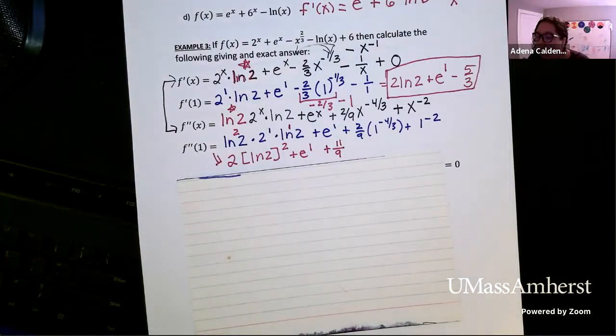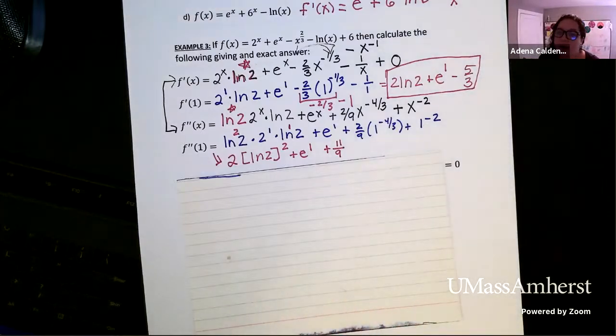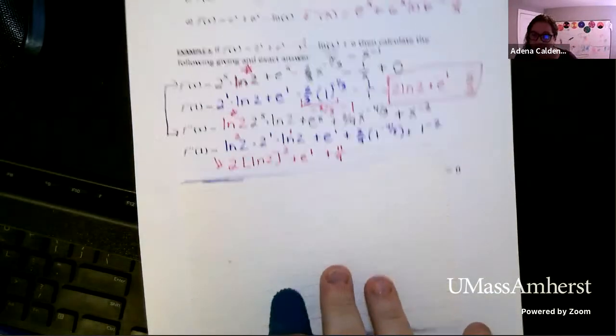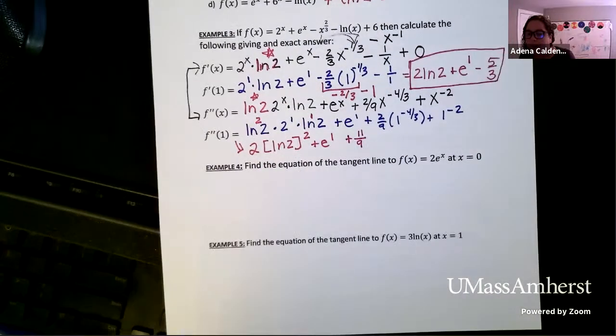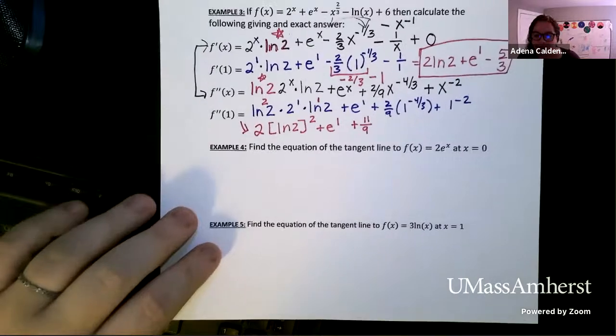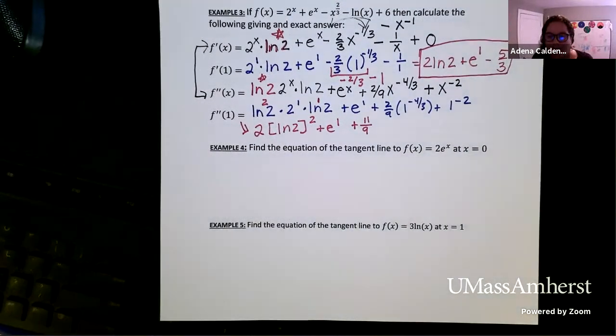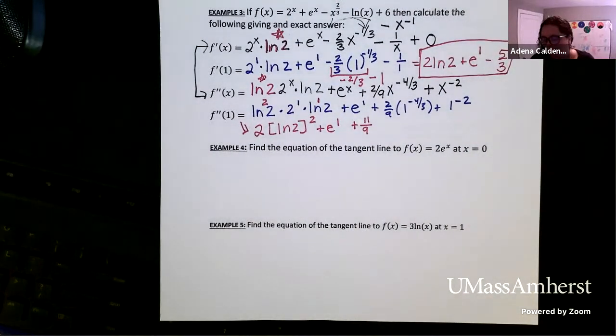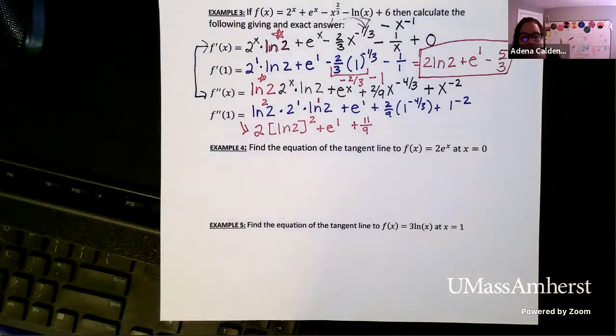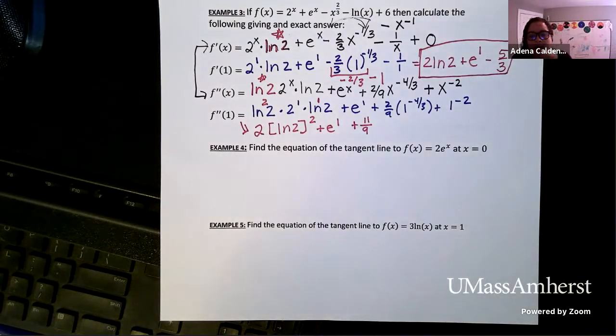Okay, the next thing that we want to do with our exponential terms and our logarithm terms is something that we mapped out the process for last time. And so for the next 2 examples, we'll do them together. Well, you'll try them, but we'll do them at the same time, right? We want to find the equation of the tangent line for functions now that include exponentials or logarithmic functions.